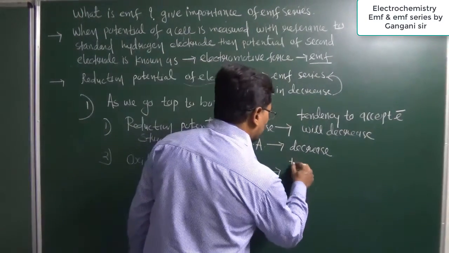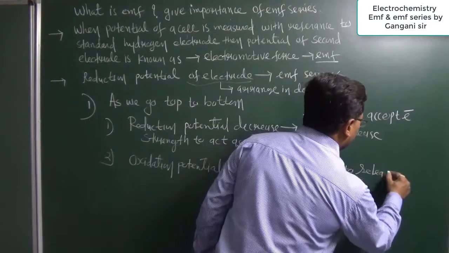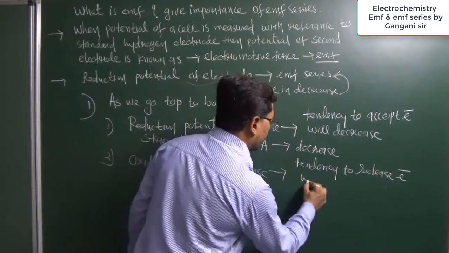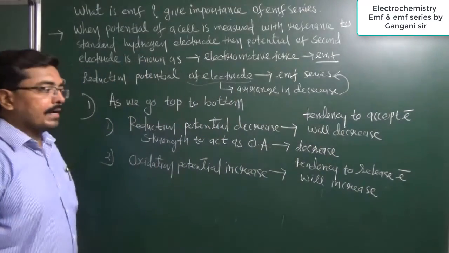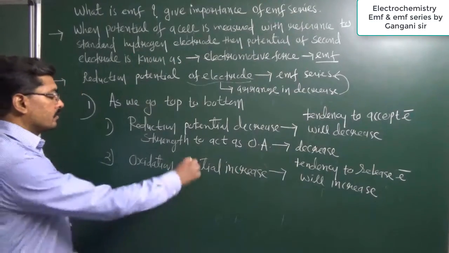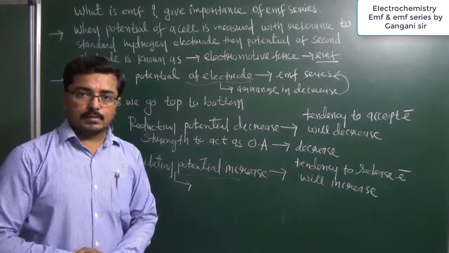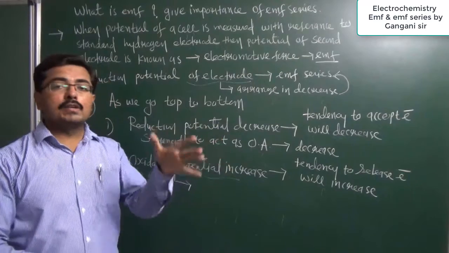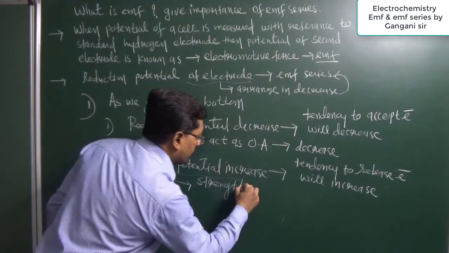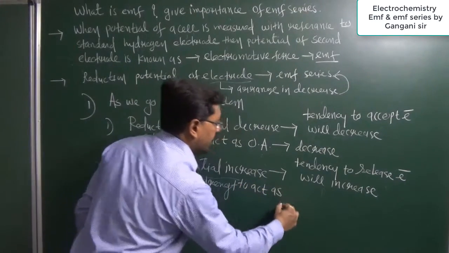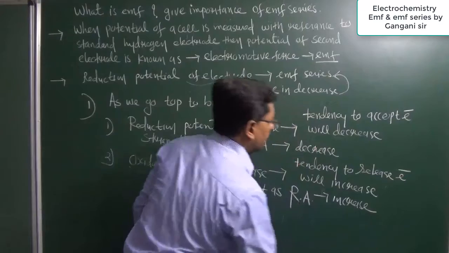Oxidation potential increase means the tendency to release electrons will increase. One that can give electrons easily has an increased tendency to release electrons. So what can we conclude? Those which give electrons reduce another substance, so the strength to act as a reducing agent will increase. This is the importance of the series.